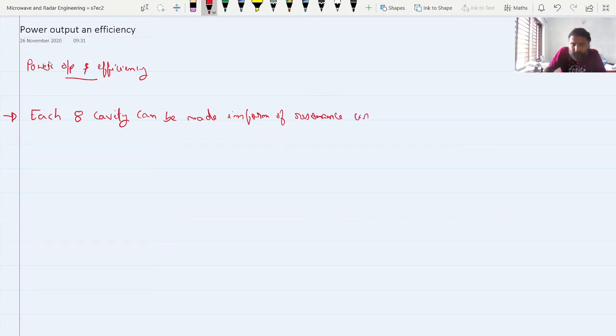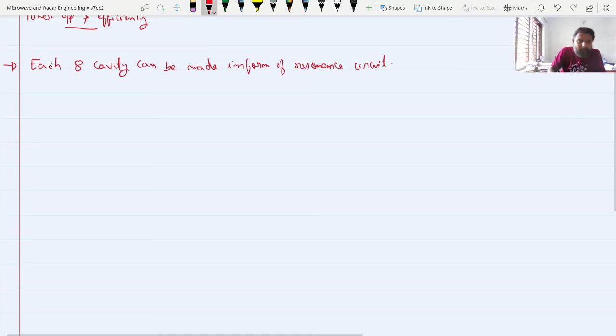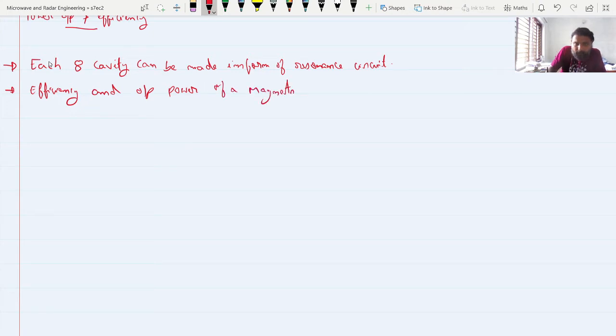As I told you, the efficiency and output power of a magnetron mainly depend on the resonance structure as well as the DC power supply that is applied to the magnetron oscillator.